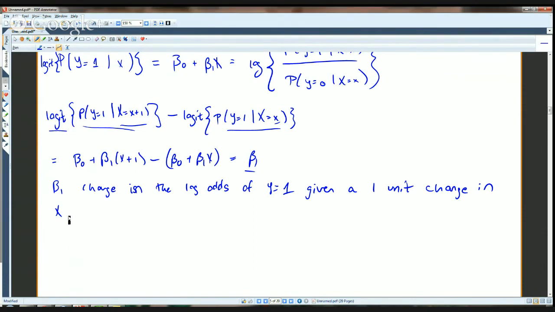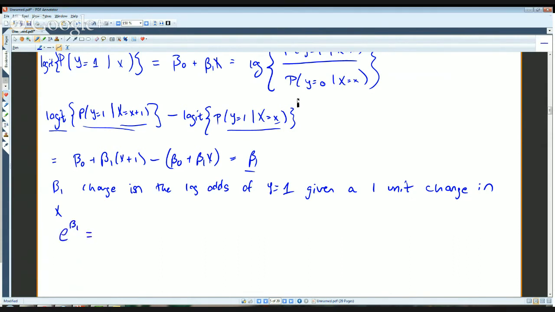But notice, if we take e to the beta 1, look at these probabilities.